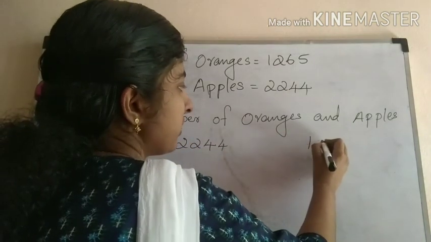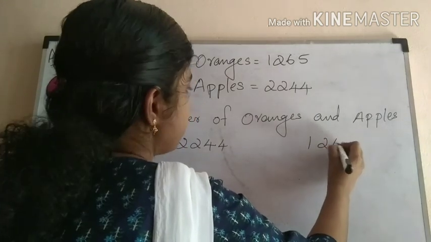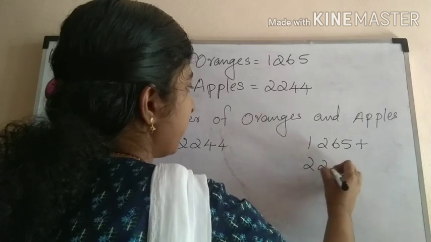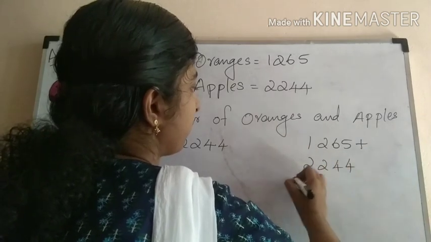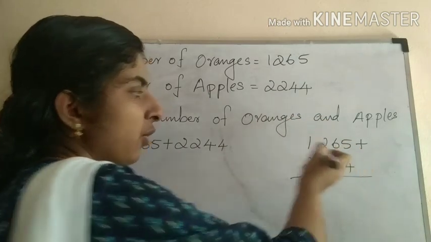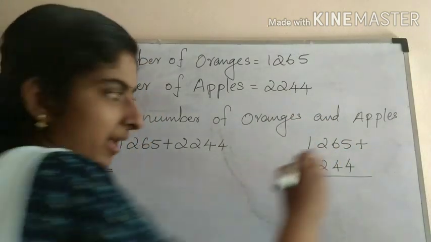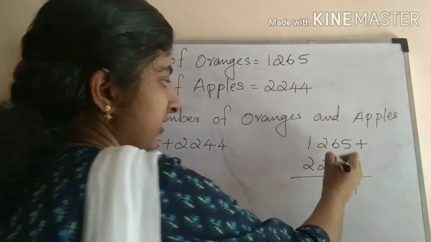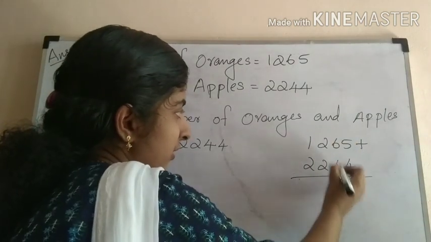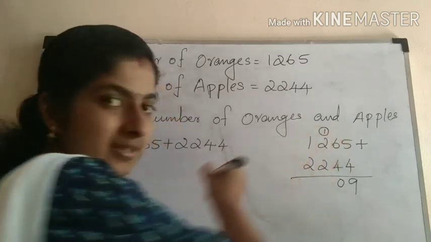See, 1265 plus 2244. Now, 5 plus 4, what is the answer? 9. Then 6 plus 4, 10. That 0 is here, 1 is carried, isn't it?